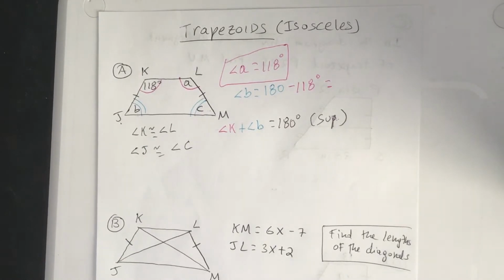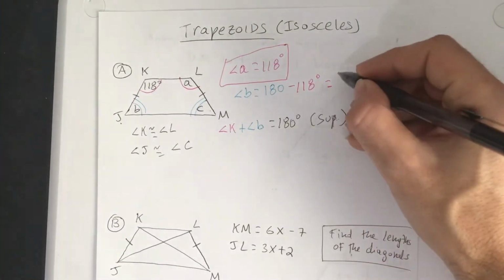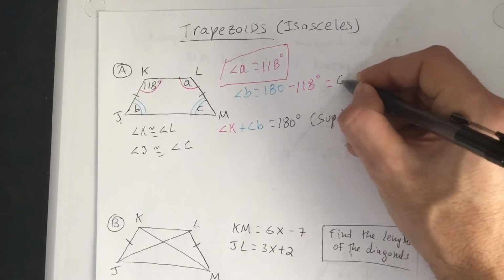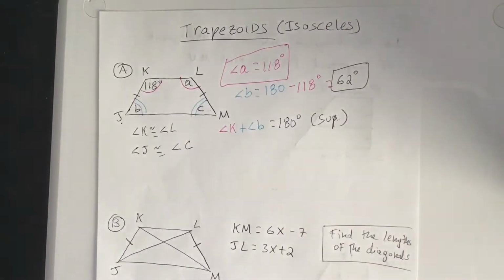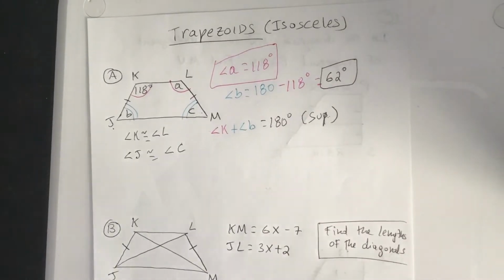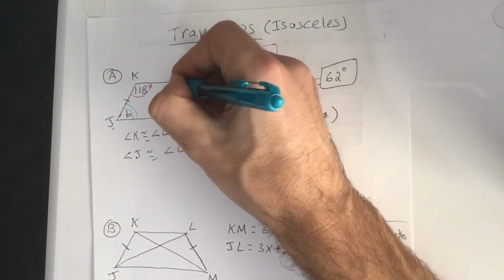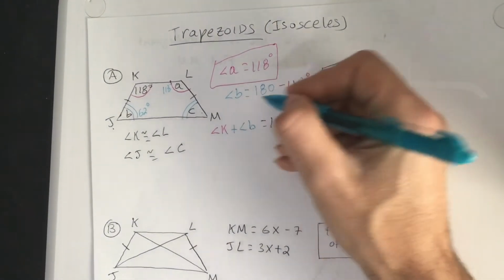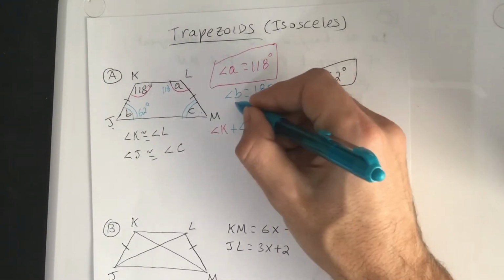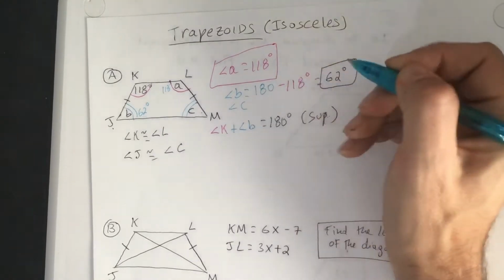Yeah, 62 degrees. So the answer will be 62 degrees. So basically, what we got is 118, 62 degrees, and guess what? Angle C is also going to be 62 degrees.